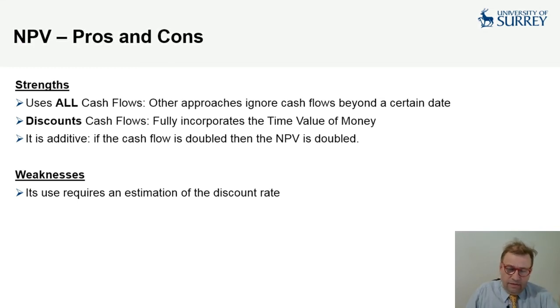And then it fully incorporates the concept of time value of money because it discounts cash flows. And then it's additive: when the cash flow is doubled, the NPV is doubled. It's quite easy.